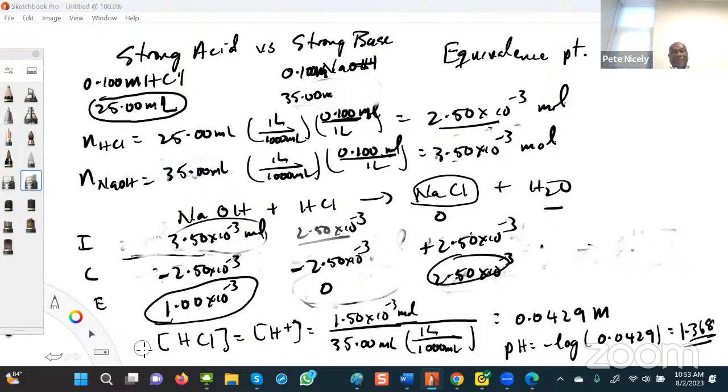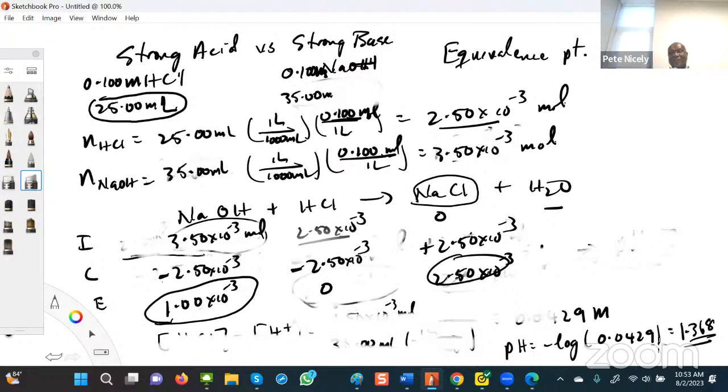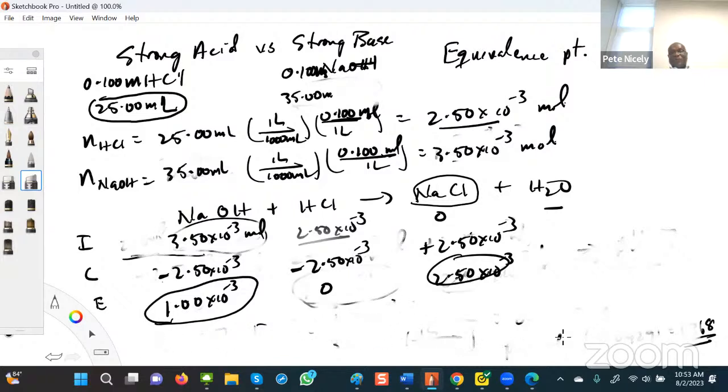So I'm just going to erase this here to make some more space to do the subsequent calculation. Now, in this case, since we have only hydroxide ions present and we want to find the pH, the way to go about that would be to first find the pOH.